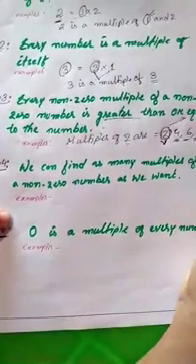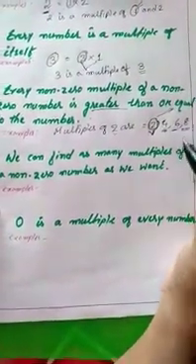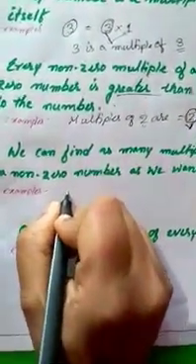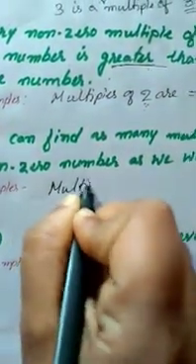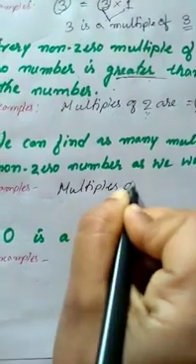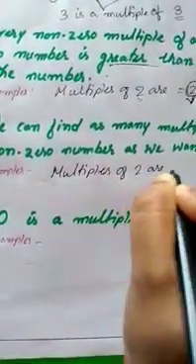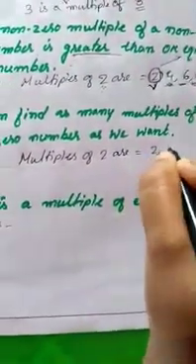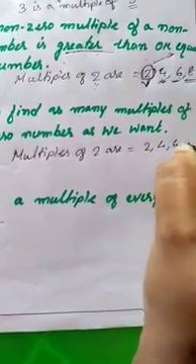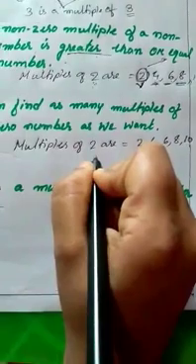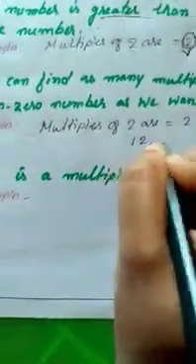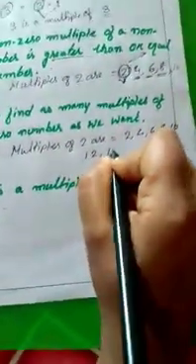Take only this one example, the multiples of 2: 2 into 1 is 2, 2 2 is 4, 2 3 is 6, 2 4 is 8, 2 5 is 10, 2 6 is 12, then 2 7 is 14.